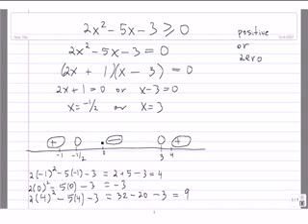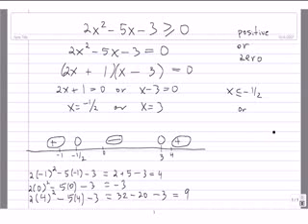So we go to our number line and look for the x values where the function is either positive or 0. Starting right here, we see that at negative 1/2 it's 0, and below negative 1/2 it's positive. So we know that everything less than or equal to negative 1/2 solves the inequality. Or, again, we see that at 3 the function is 0.